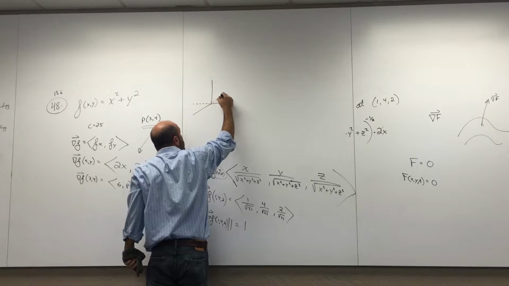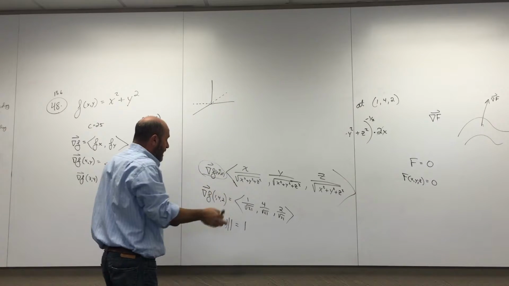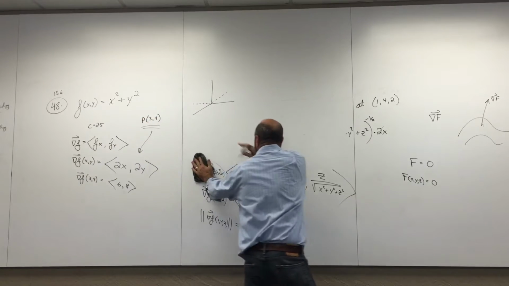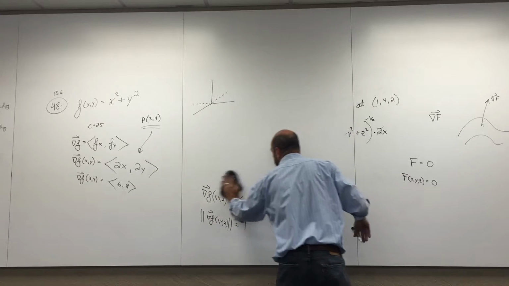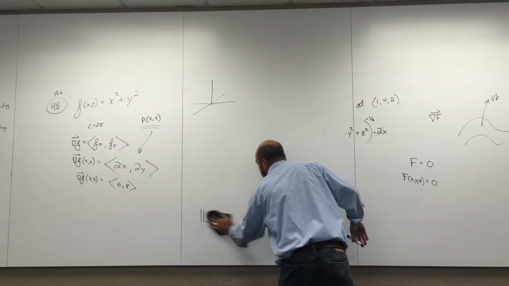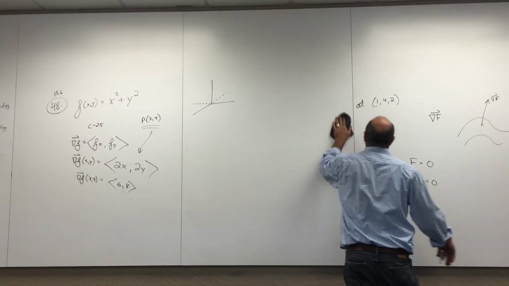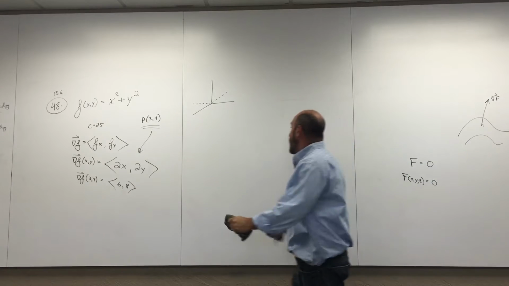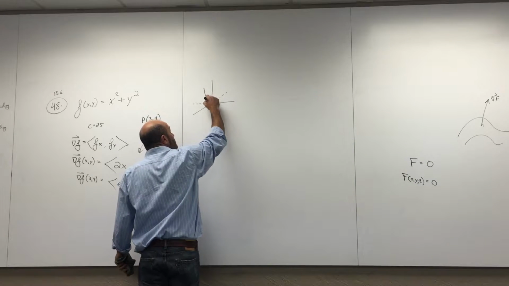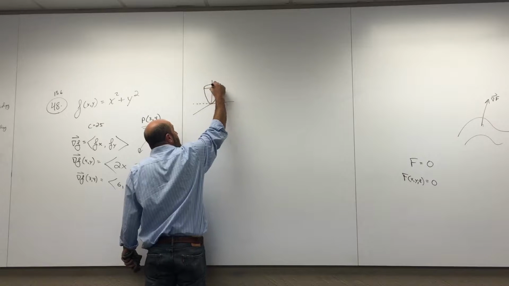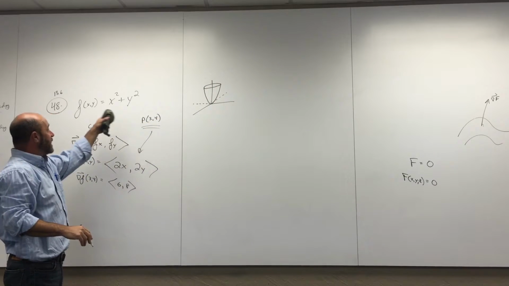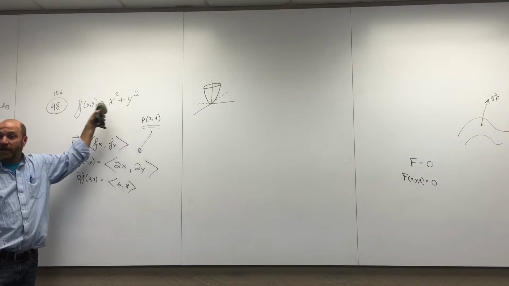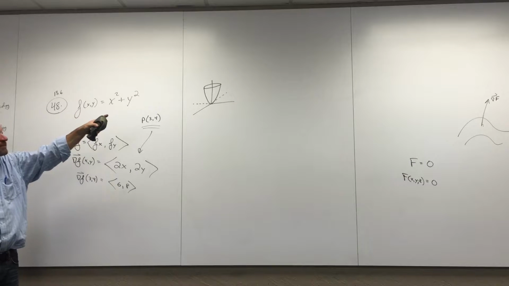You were just speculating about cones a few minutes ago. It's not a cone. What is it? A spherical paraboloid? Spherical's not the word. Elliptical paraboloid. That's good. Again, this one happens to be circular. Nice circular paraboloid. That's what it is.